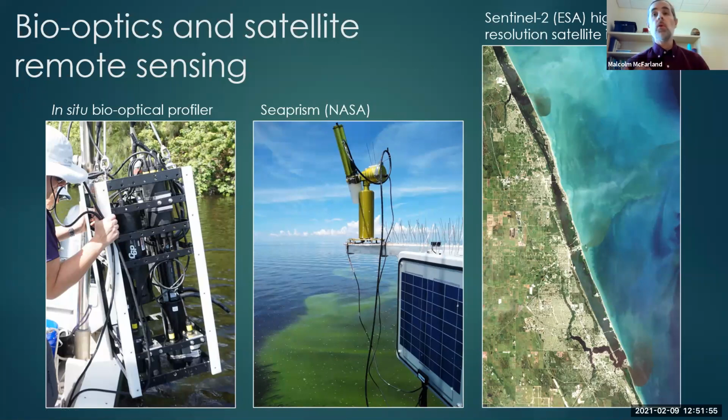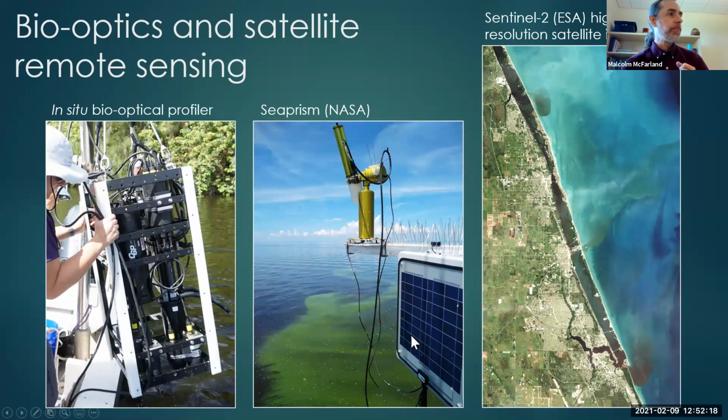We're also using a variety of bio-optical and satellite remote sensing techniques to monitor as well. On the left here, you can see some of the in-water sensors that we use while we're out there. These measure things like temperature and salinity, but also the color of the water and how much light is being backscattered out of the water.